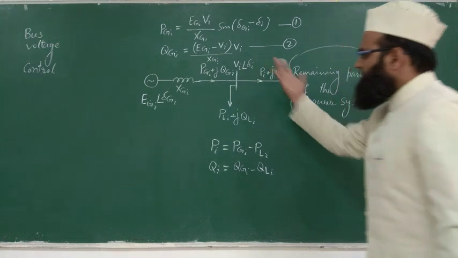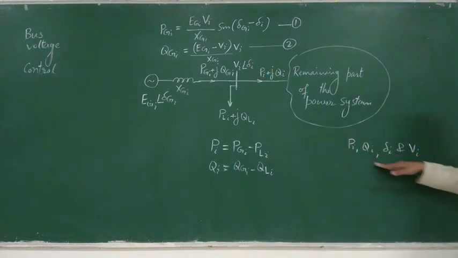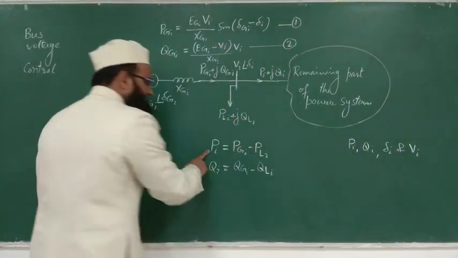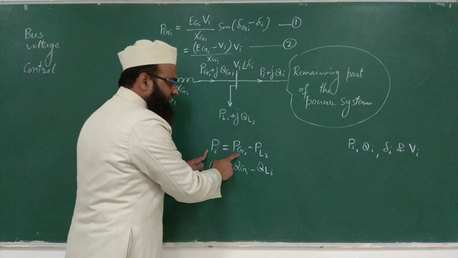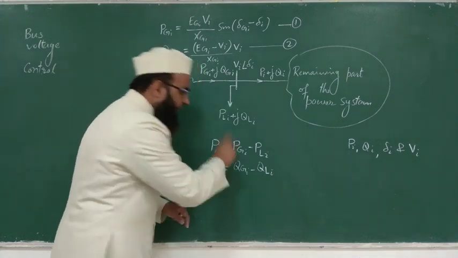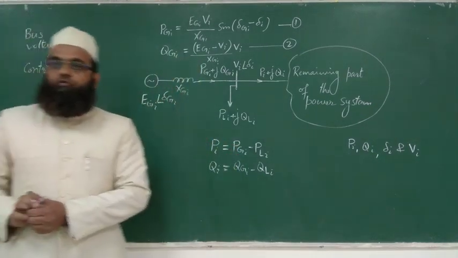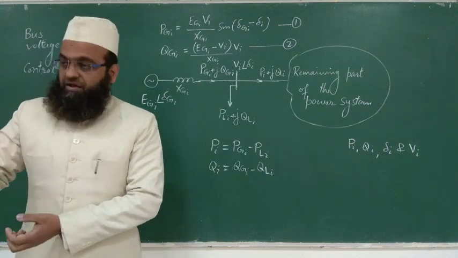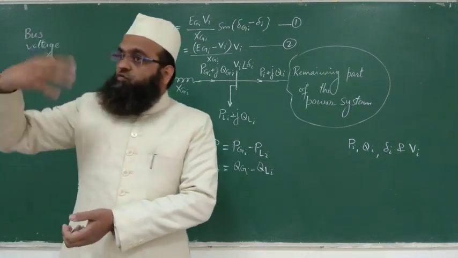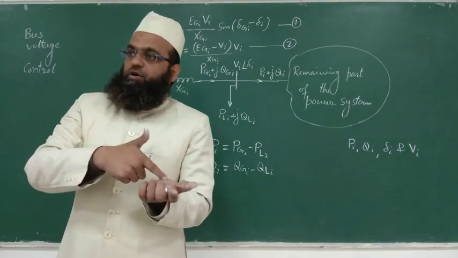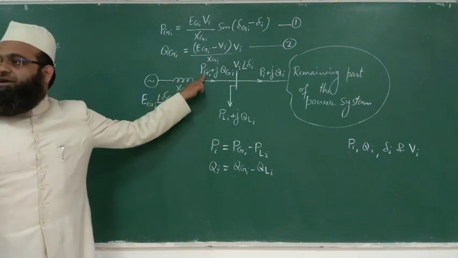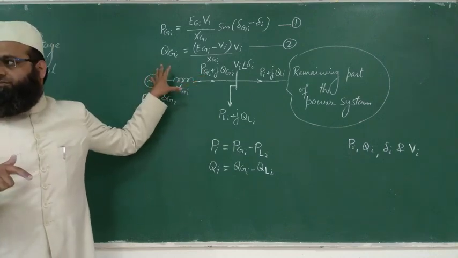So you can answer: these are the values obtained from the power flow, load flow solution. In order to maintain this, we have to adjust this. This can be adjusted with the help of the governor setting. The governor setting will be adjusted so that the turbine output given to the generator input must be equal to this PGI plus losses.